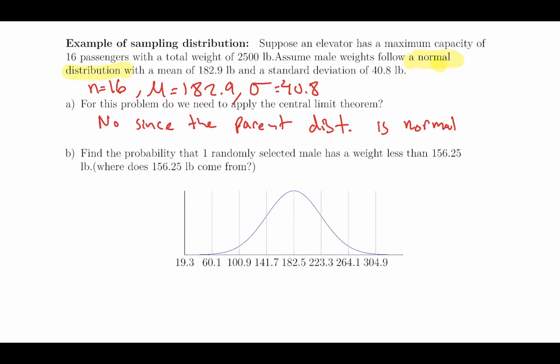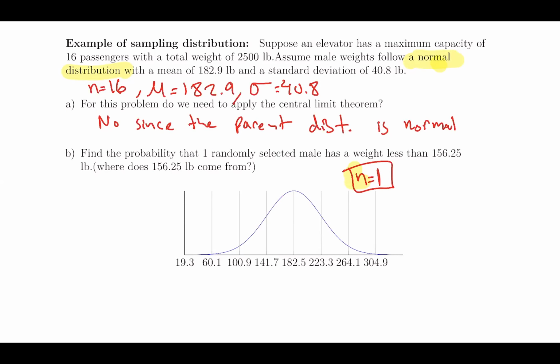So for part B, it says find the probability that one randomly selected male has a weight less than 156.25 pounds. So for part B, how many males are we selecting? Cool. So that's one. So for part B, we actually have a sample size of 1.